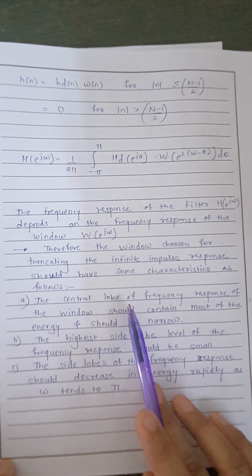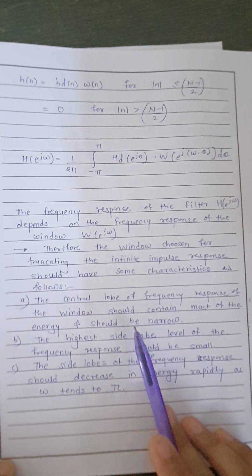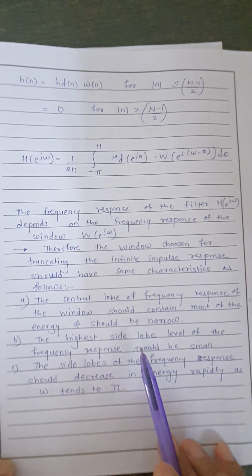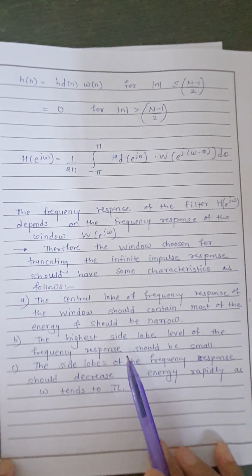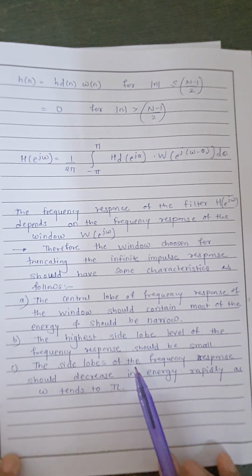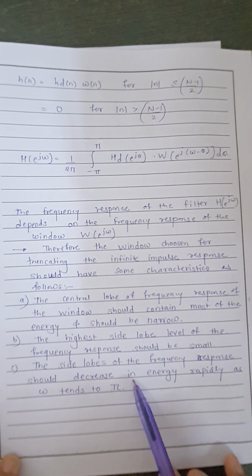The central lobe of frequency response of the window should contain most of the energy and should be narrow. The highest side lobe level of the frequency response should be small, and the side lobes of the frequency response should decrease in energy rapidly as omega tends to pi.